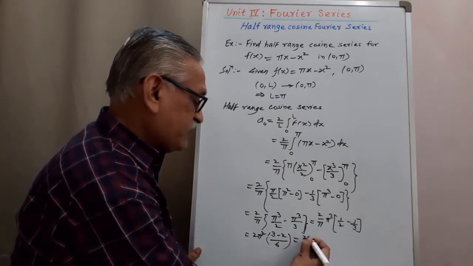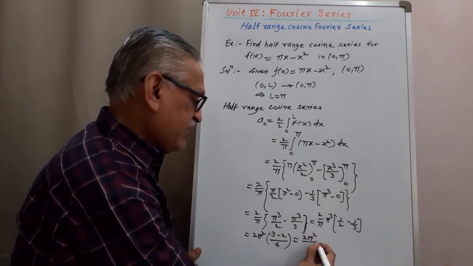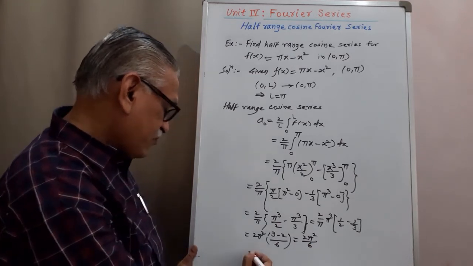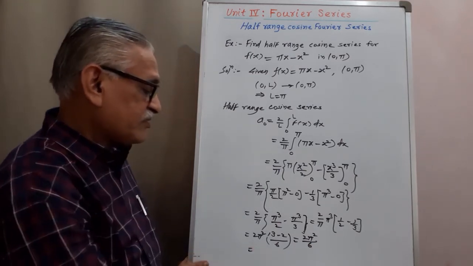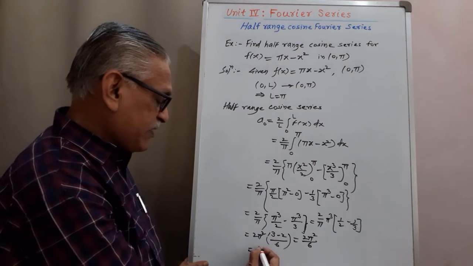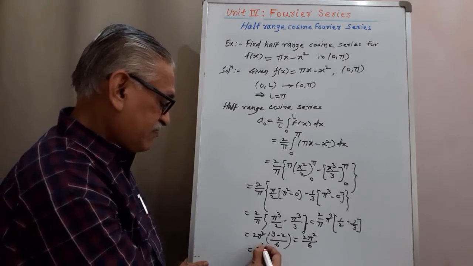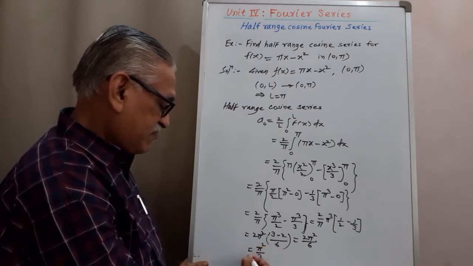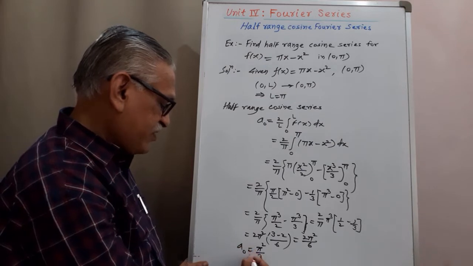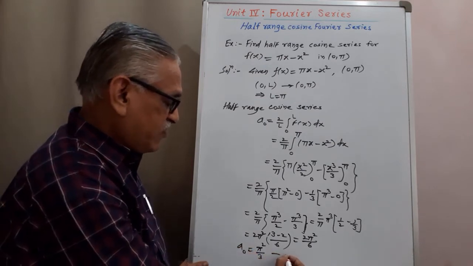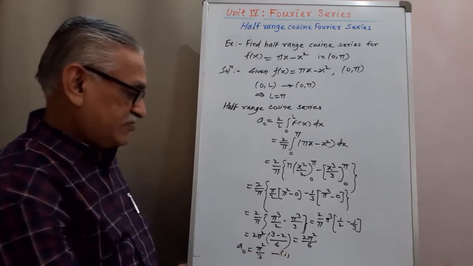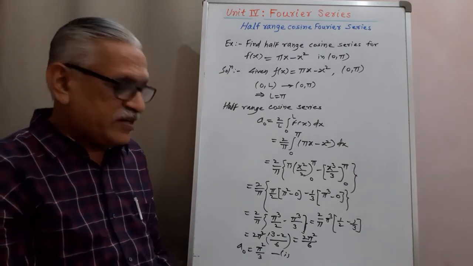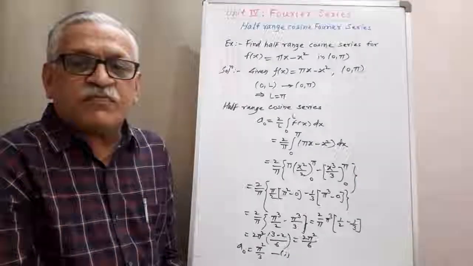Therefore it is 2 pi square by 6, and dividing by 2 we get pi square by 3 as the value of A0, equation number 1.